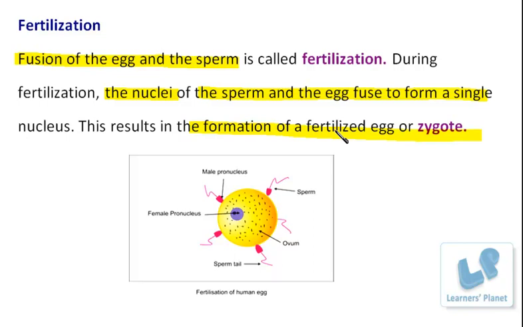Each nucleus has the chromosomes or genetic material, and in the zygote the genetic material of each parent has now fused together. Therefore we always say that the offspring have the characteristics of both the parents. Now the point is how fertilization takes place. They are two individual cells. It is not so easy.